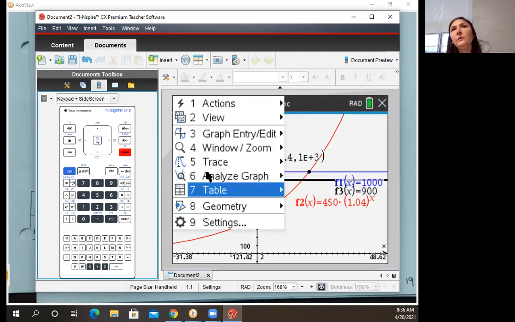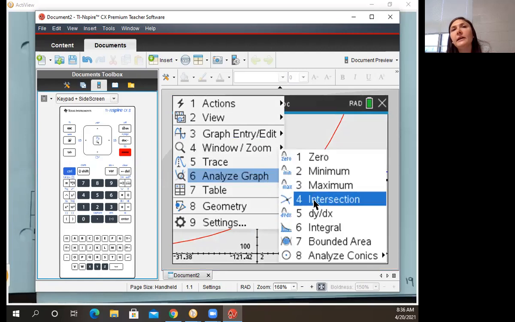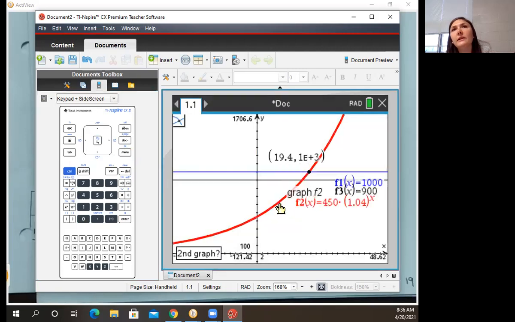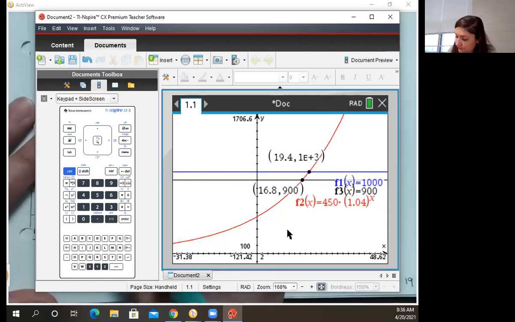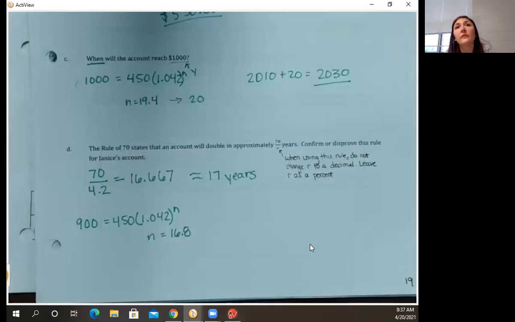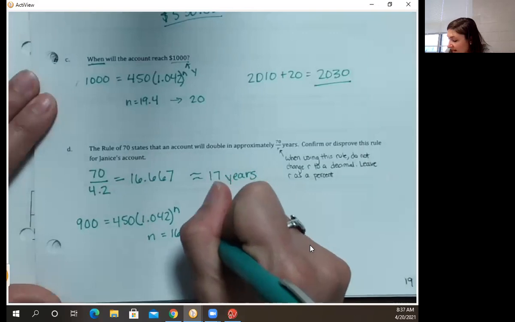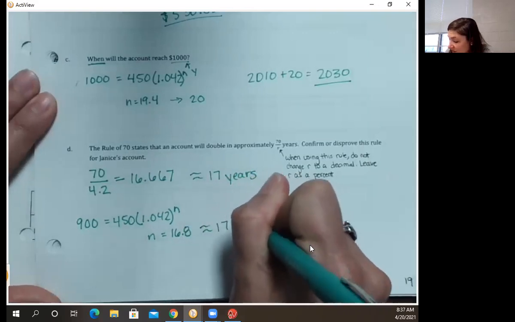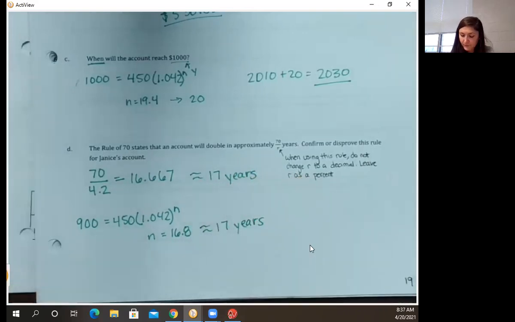So menu, analyze, intersection between these two graphs. There's our point there, 16.8. So we're looking at, again, approximately 17 years for our money to double.